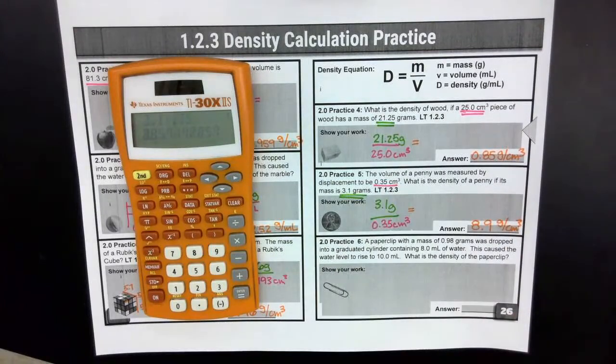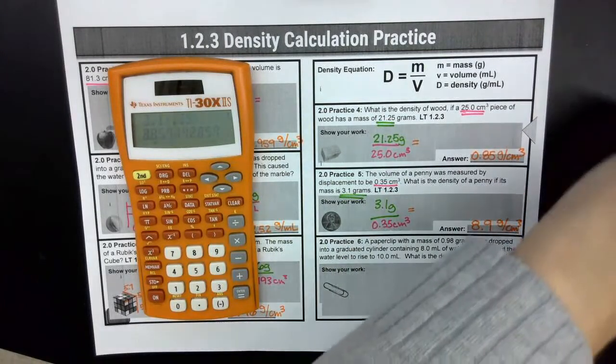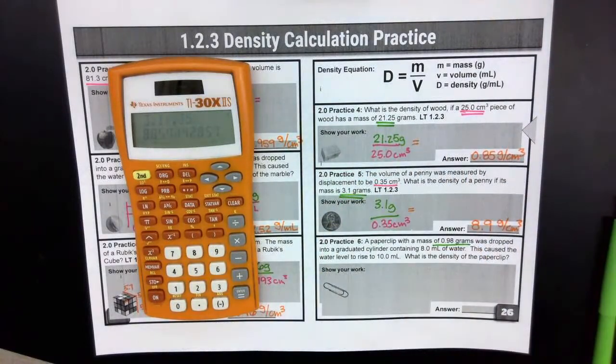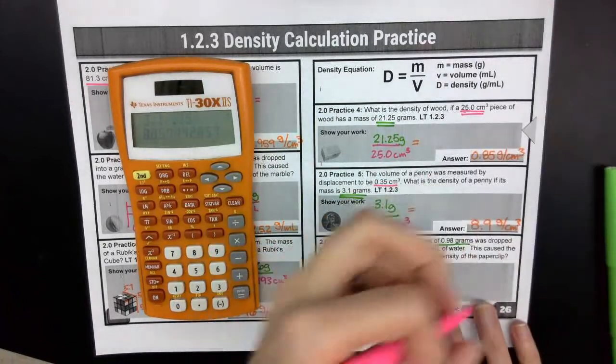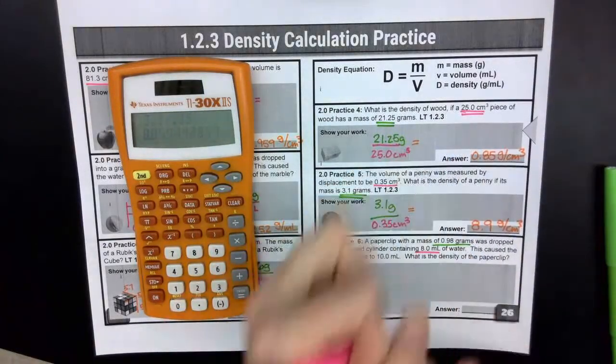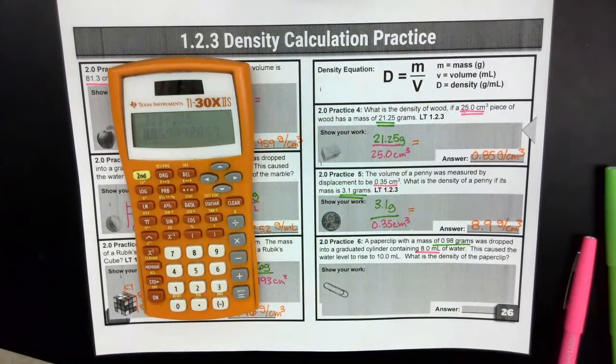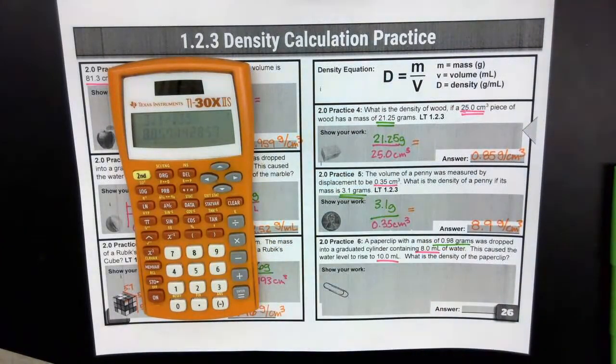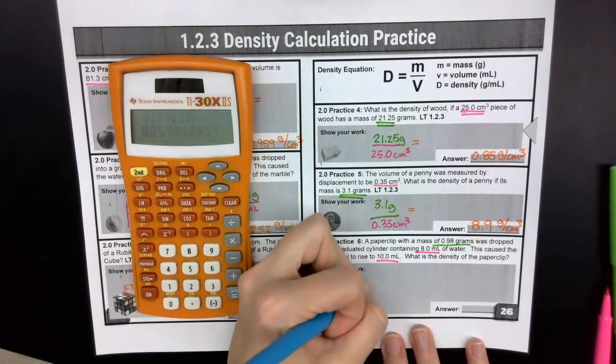Okay, and then finally it says a paperclip with a mass, so we have a mass of 0.98 grams was dropped into a graduated cylinder containing a volume of 8 milliliters. Okay, this caused the level to go up to 10. What is the density of the paperclip? So again, what we have is this graduated cylinder, a long tube.